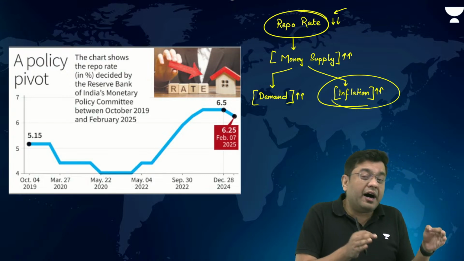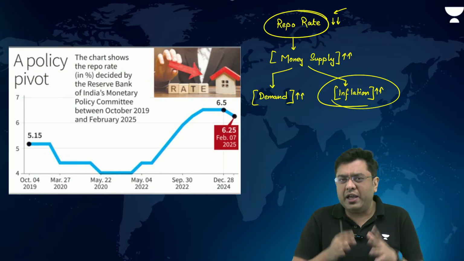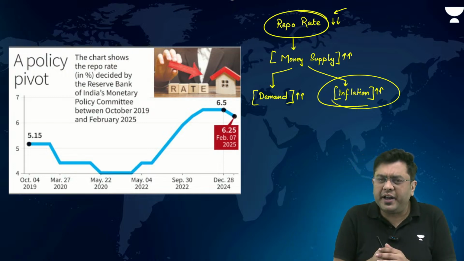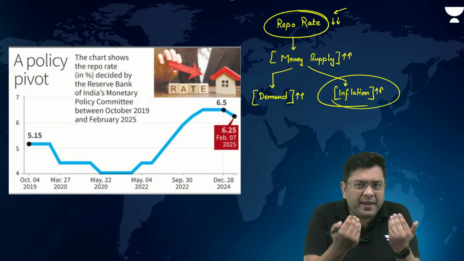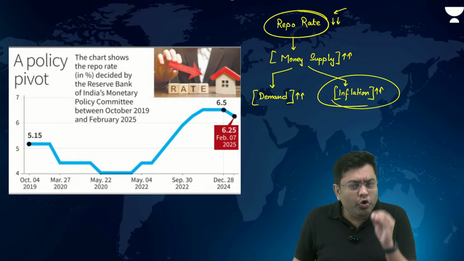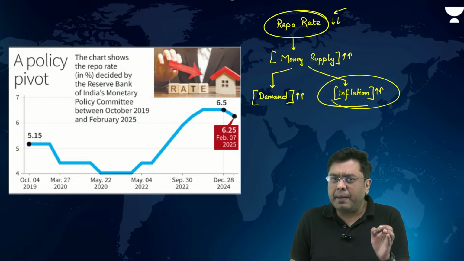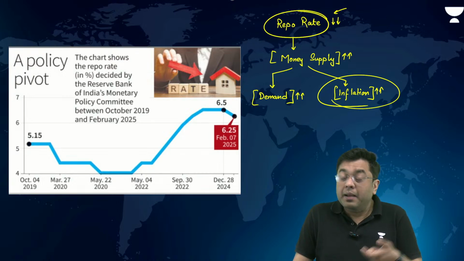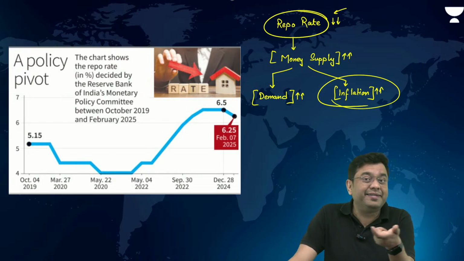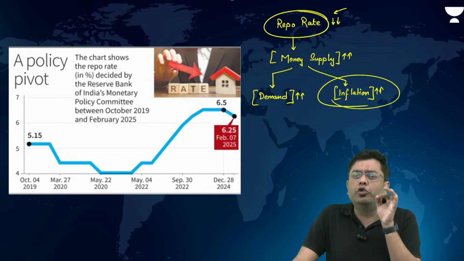It is only after the inflation rates have cooled down ever so slightly, and there is a prediction of a normal monsoon this year, that RBI has taken this decision to lower the repo rate, so that now growth can be targeted. Because we have to keep in mind that in the recent quarters, the growth rate has also reduced.